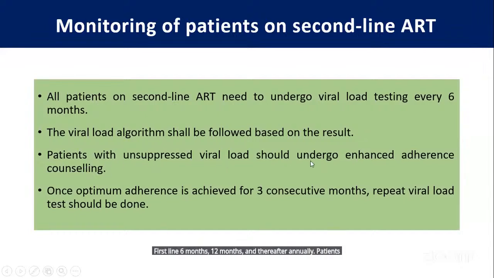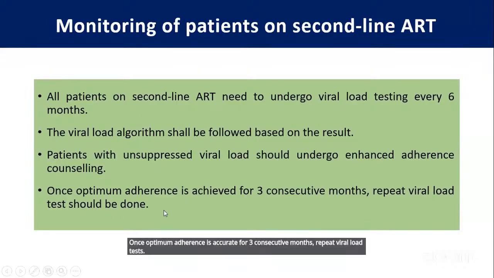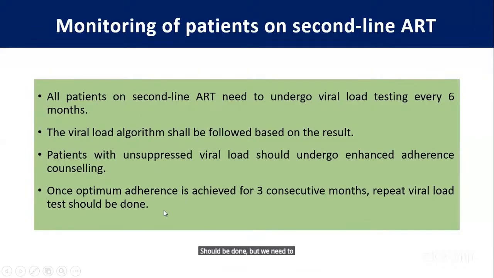Patients with unsuppressed viral load should undergo EAC. Once optimum adherence is achieved for 3 consecutive months, a repeat viral load test should be done. But we need to remember that even after EAC, even if adherence doesn't improve above 95%, the viral load test has to be repeated.